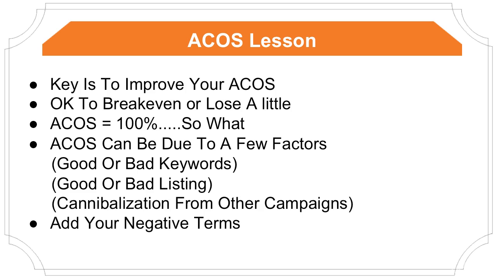And so an ACOS of 100% is essentially you've spent the same amount of money that you've made. That's ACOS of 100%, right? And I tell folks, who cares? So what if it's at 100%? If it's at 150%, I might still be okay. If I'm at like 300% or 200%, that's when I'm getting a little concerned.